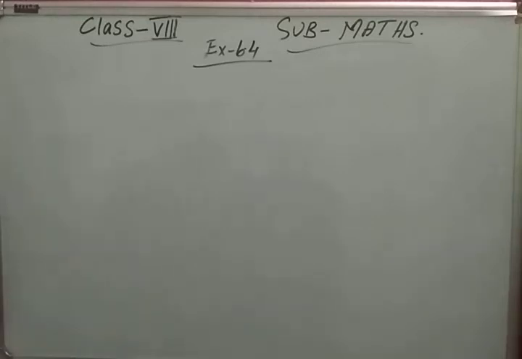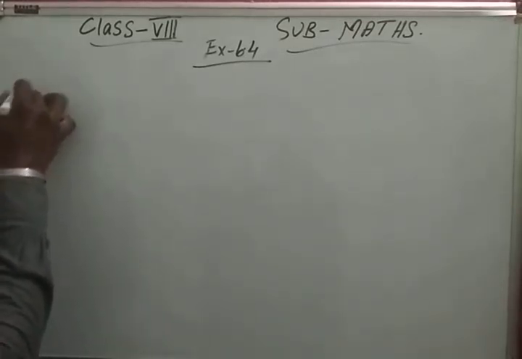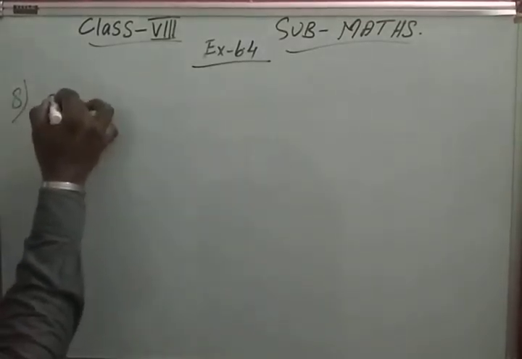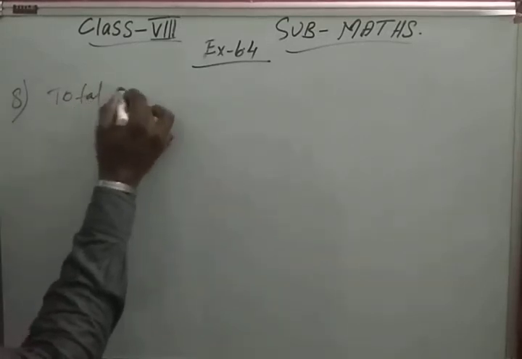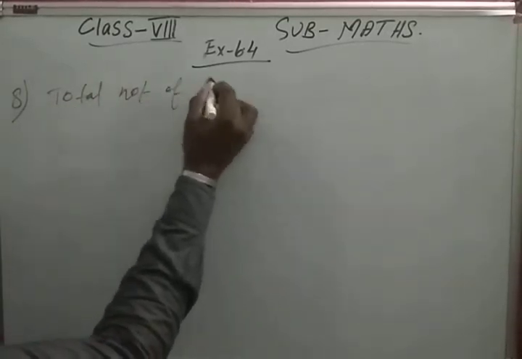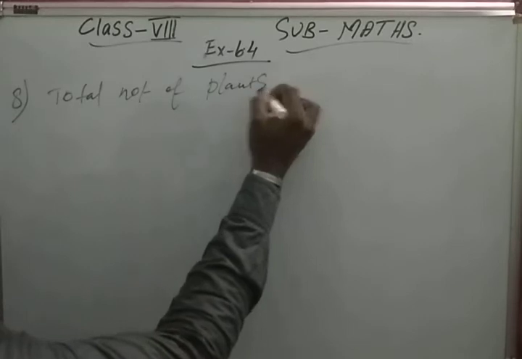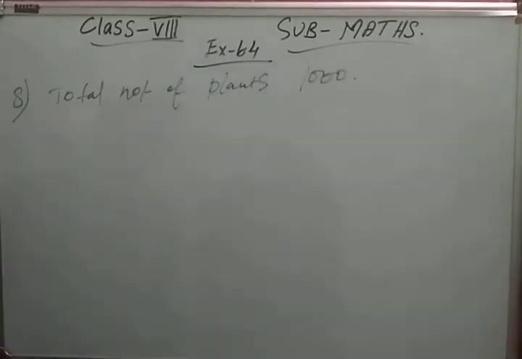Since he is having the plants now, how many total number of plants is he having? The total number of plants he is having is 1,000.